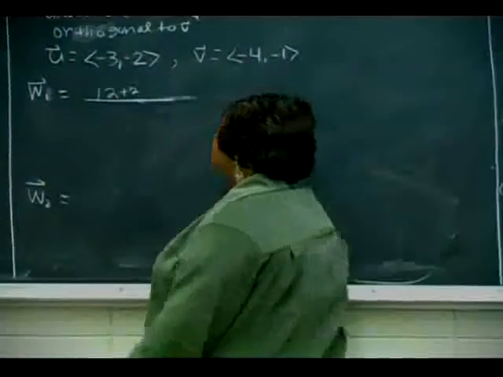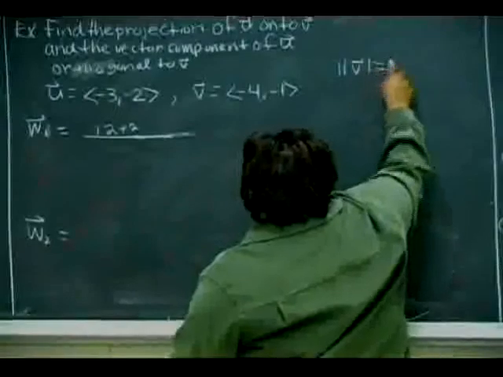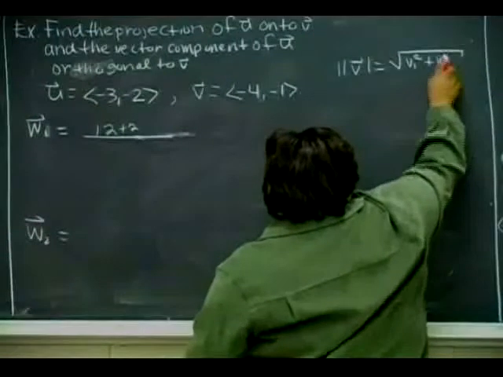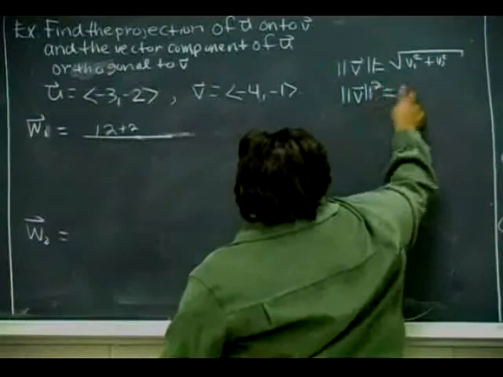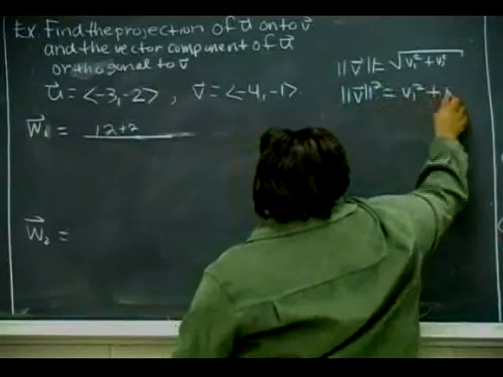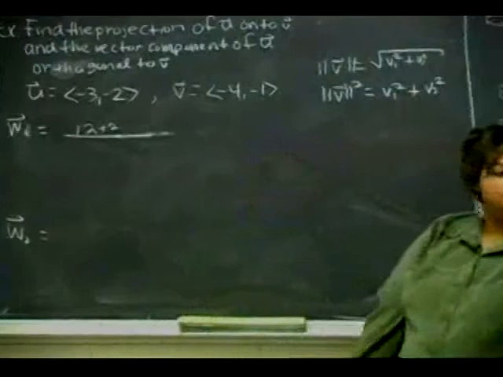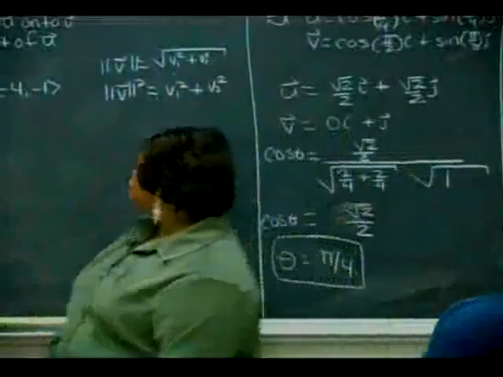The length of V is the square root of V1 squared plus V2 squared, so the length of V squared is just V1 squared plus V2 squared. If we square both sides, we don't need that square root anymore.